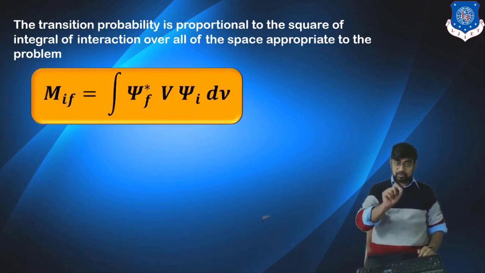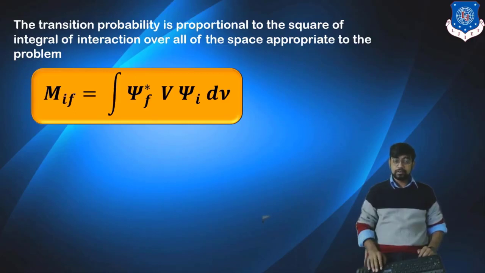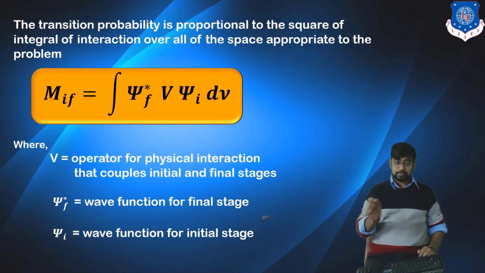So we take the integral, which gives MIF equals the integral of psi star f V psi i dV, where V is the operator of the physical interaction that covers the initial and the final state, psi star f is the wave function of the final state, and psi i is the wave function of the initial state.